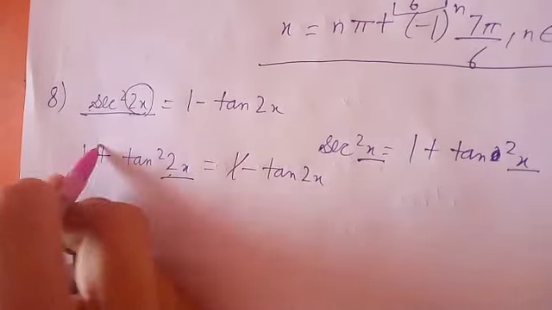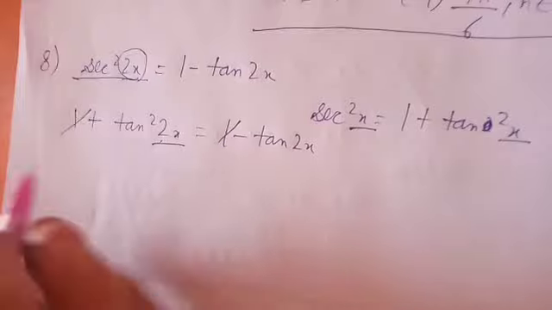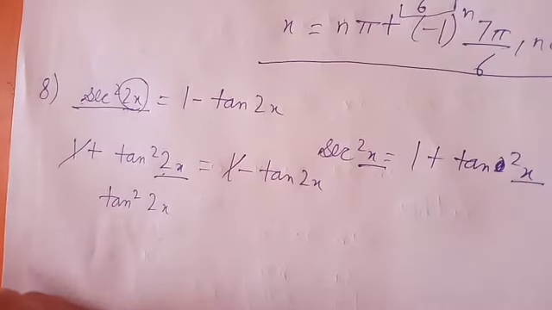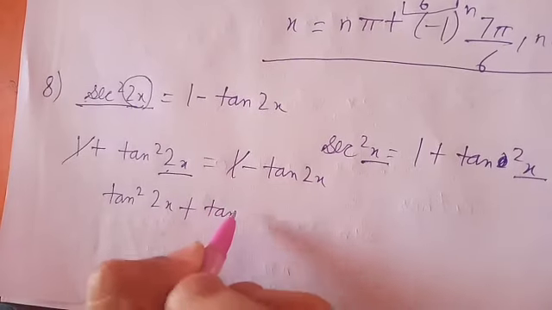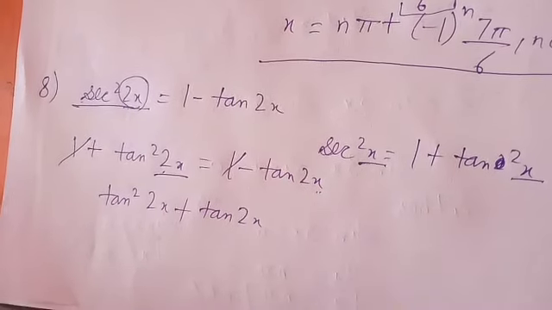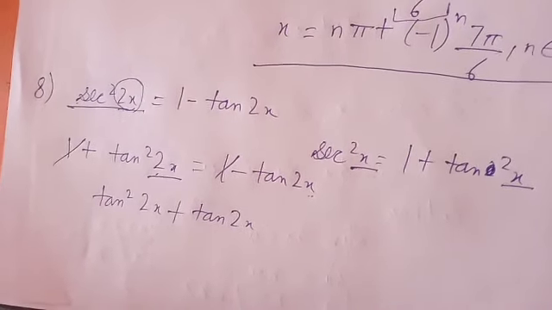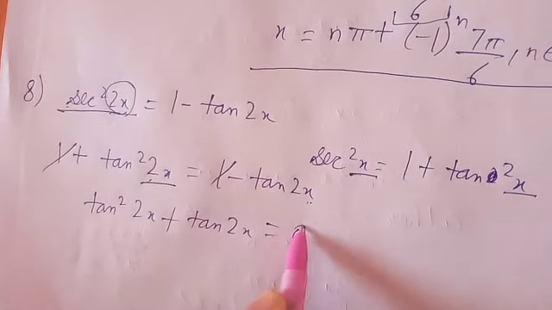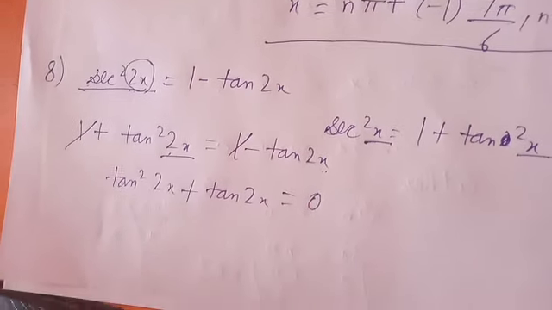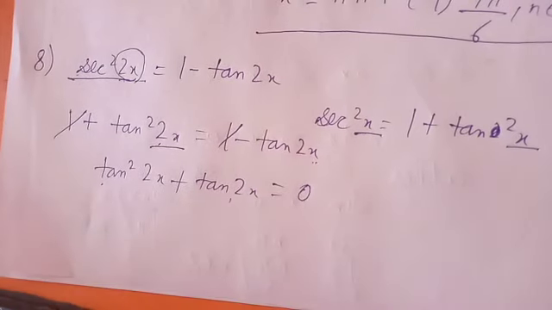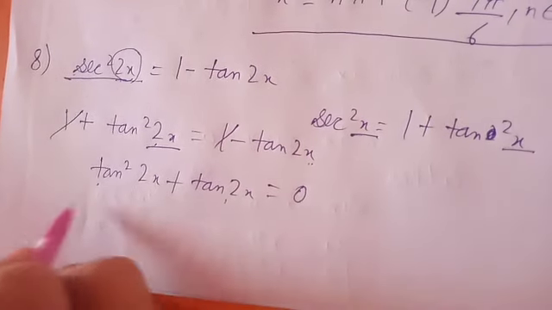Now this 1 cancels this, so we get tangent square 2x plus tangent 2x. We can take this minus tangent 2x to the other side of equal, so we get this whole equation equal to 0. Okay, now from here we can take tangent 2x common.